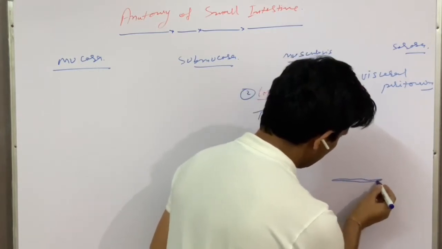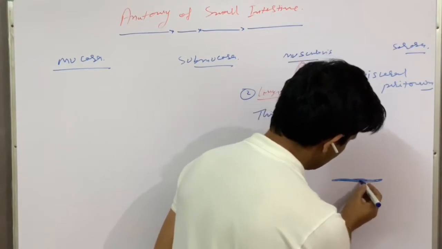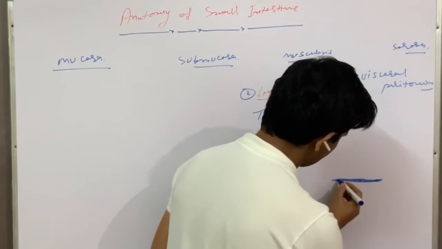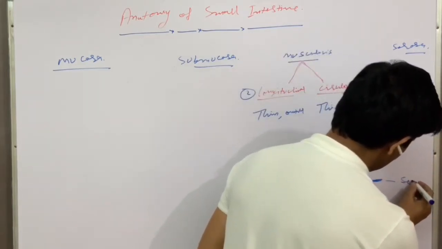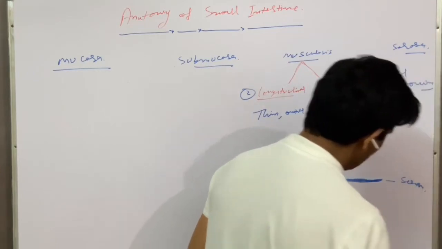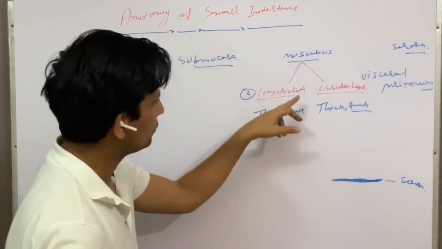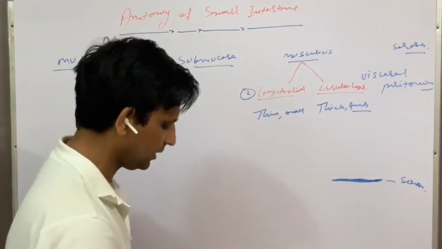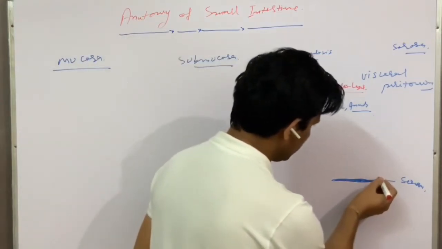This one is the outermost layer, and this layer is composed of visceral peritoneum, as we have named it serosa, right? And inner to this serosa, I have told you that there are two basic layers of the muscle fibers, one longitudinal and the second circular. We can understand these layers by this.